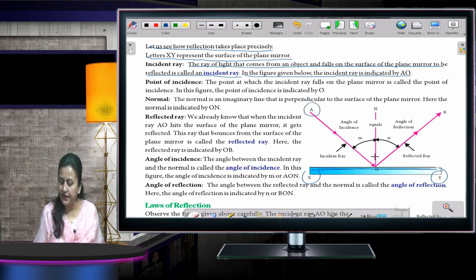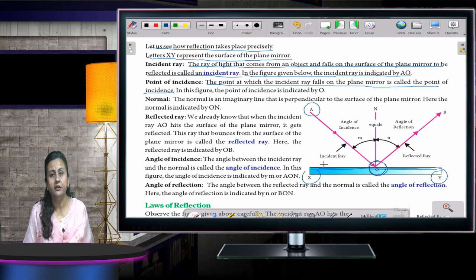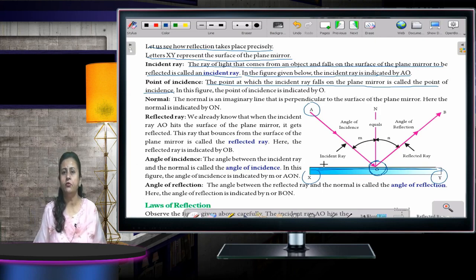This is A and this is O. This is the incident ray. Then point of incidence: the point at which the incident ray falls on the plane mirror is called the point of incidence. Here the point is here, it is hitting the surface here, so that is known as the point of incidence. Now what is the reflected ray?